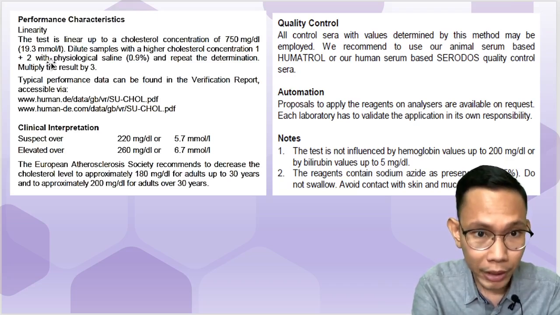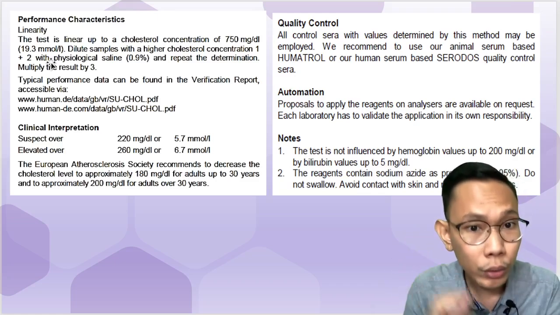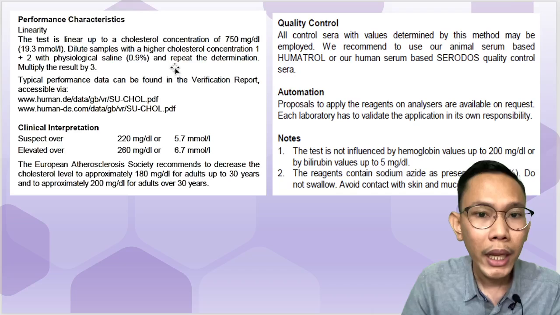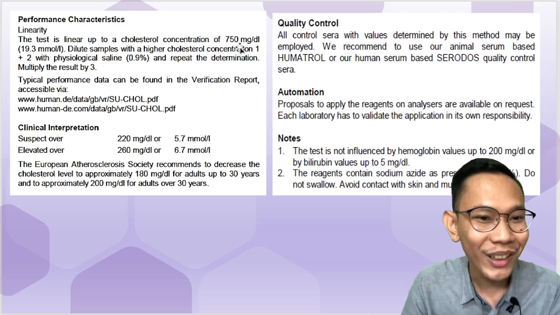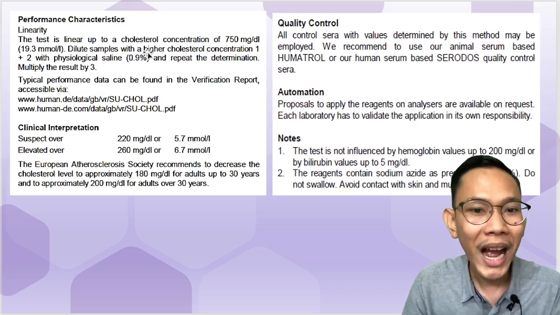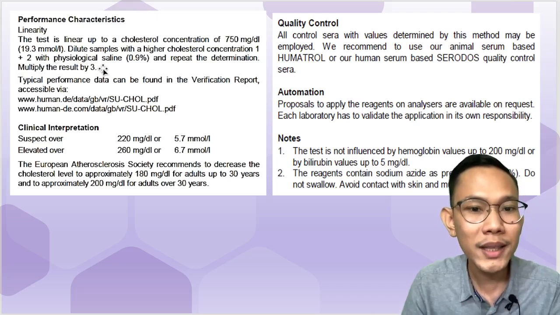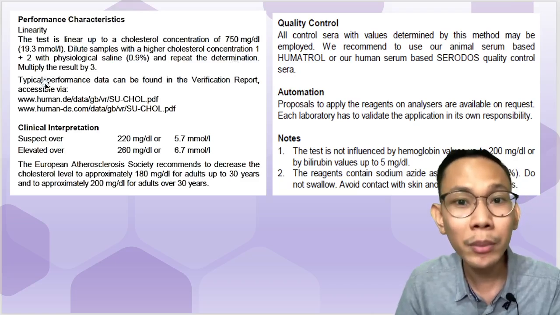Meaning, kung ano talaga ang computation mo, that is really the value, the real value. However, if it is more than 750 or 19.3 millimoles per liter, kailangan mo pang i-dilute ang sample with a higher cholesterol concentration, 1:2 with physiological saline, and repeat the determination and multiply the result by 3.